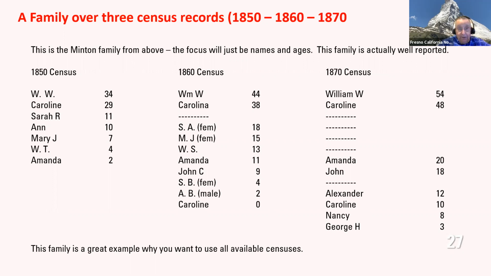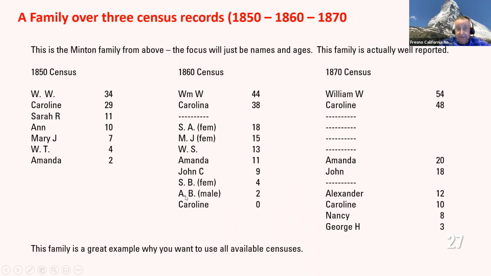WT was 4 in 1850, becomes WS in 1860, and then disappears from the family. Amanda's found in all 3. It's interesting, she ages 9 years each 10-year period. John is in 1860 and 70. There's an SB, a female who's 4 in 1860, who does not appear in 1870.